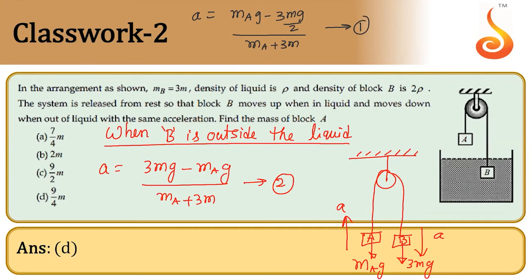Equate these two equations and you will get MA. Equation number 1 equals equation number 2 because accelerations are the same in both cases, so the only unknown is MA. M is given, so you can calculate the MA value. MA comes out to be 9M by 4.